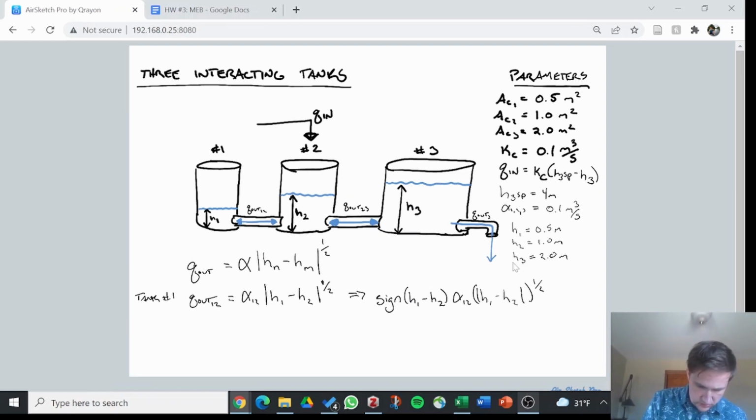Now tank 2. For the flow rate from tank 2 into tank 3, we're going to do the same concept here, which is flow rate from tank 2 into tank 3. It's going to be the proportionality constant between tank 2 and tank 3.